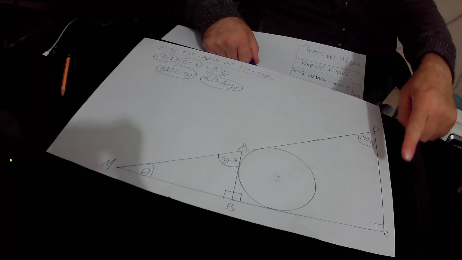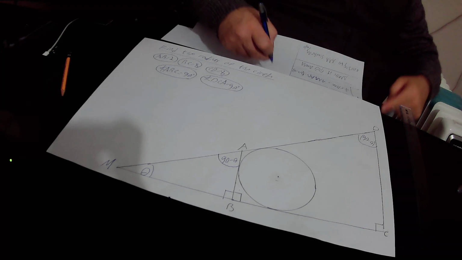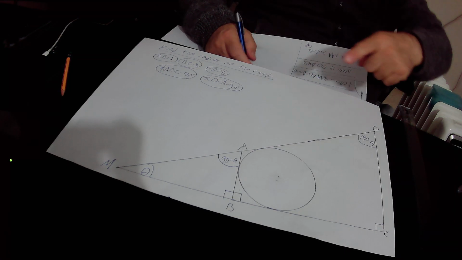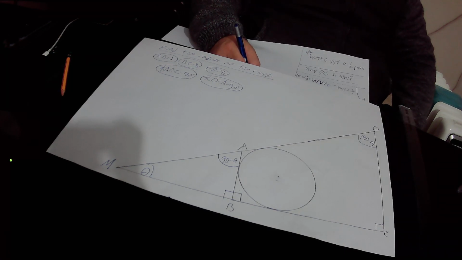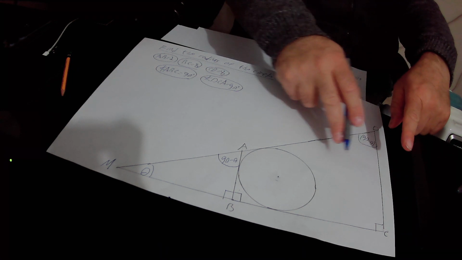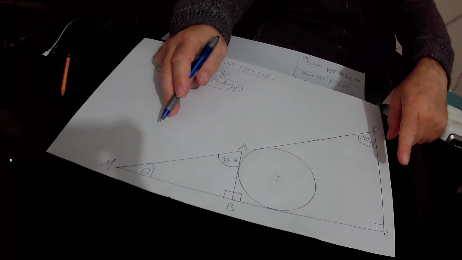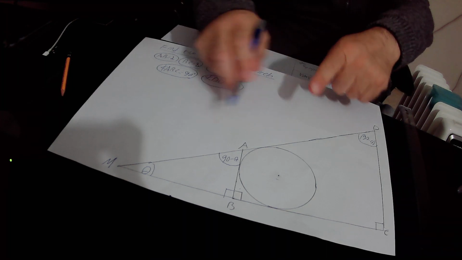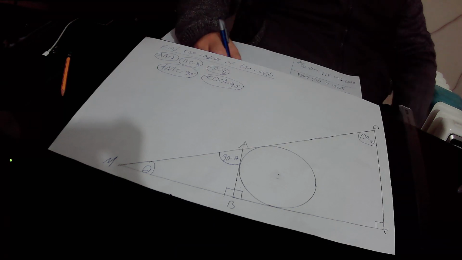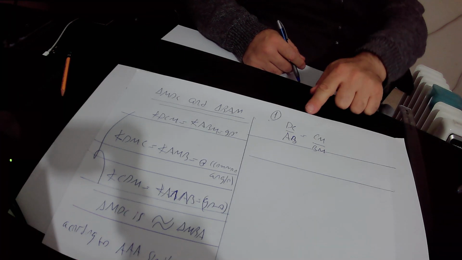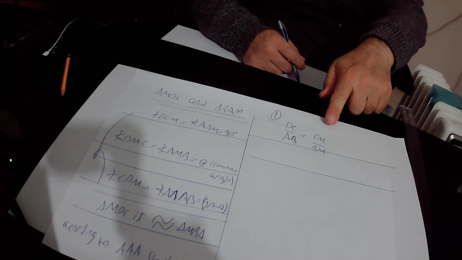Side DC in the big right triangle MDC over side AB in the small right triangle MBA equals side CM in the big right triangle MDC over side BM in the small right triangle MBA. So we derive that DC over AB equals CM over BM.